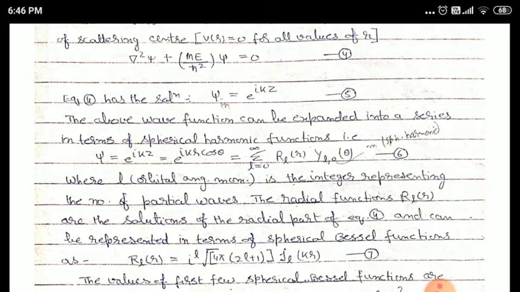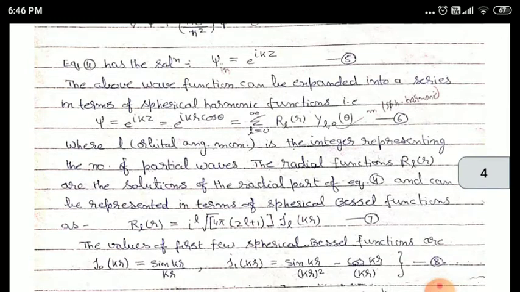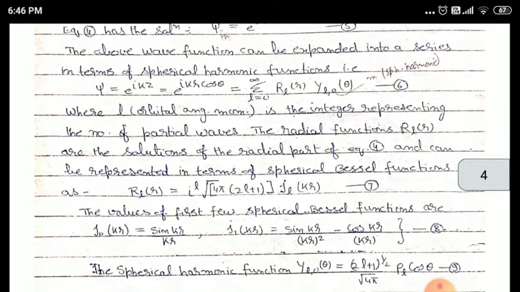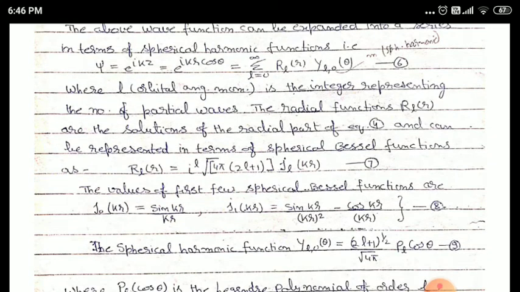This wave function can be expanded into a series in terms of spherical harmonic functions, as written below, and this is given by equation 6. Here L, that is orbital angular momentum, is the integer representing the number of partial waves.